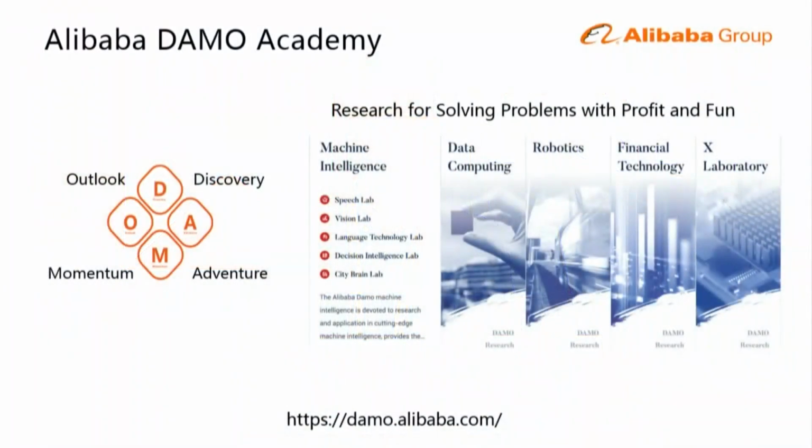So first of all, about us. Alibaba DAMO Academy was founded in the year of 2017. DAMO stands for Discovery, Adventure, Momentum, and Outlook. The purpose of Alibaba DAMO Academy is to try to do research for solving problems with profit and for fun.